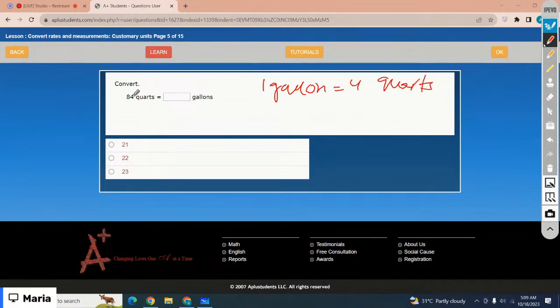You have to go from quarts to gallons, so you have to divide by 4. 84 divided by 4 is 21 gallons. That means in 84 quarts you have 21 gallons. The correct option is 21.